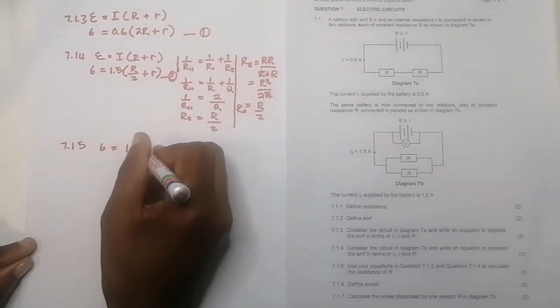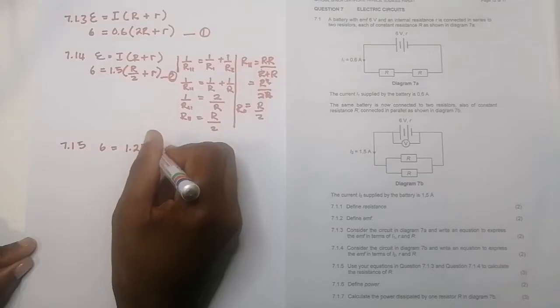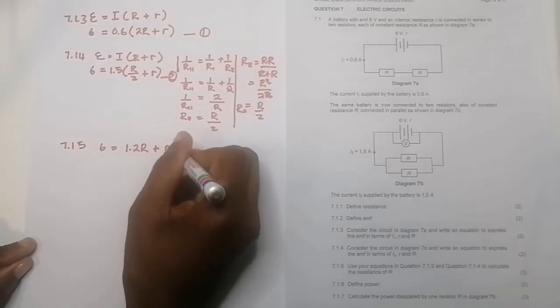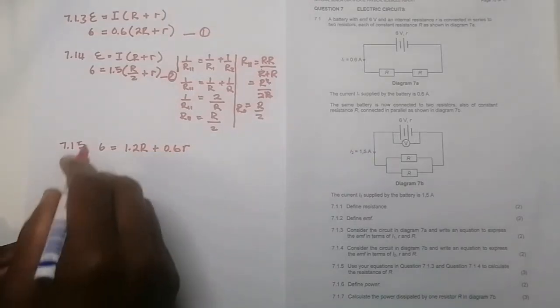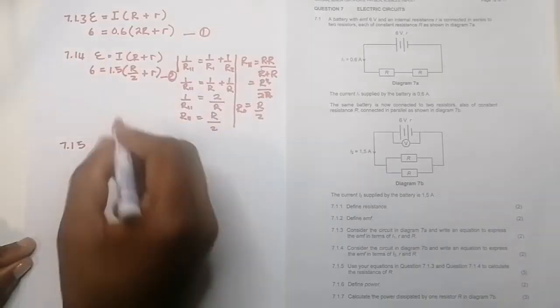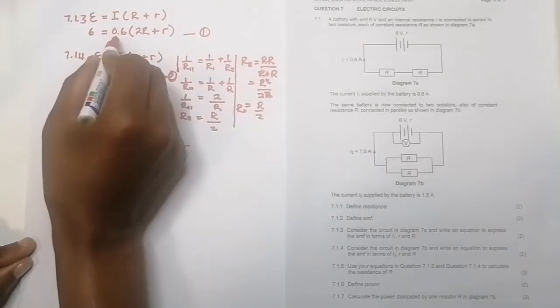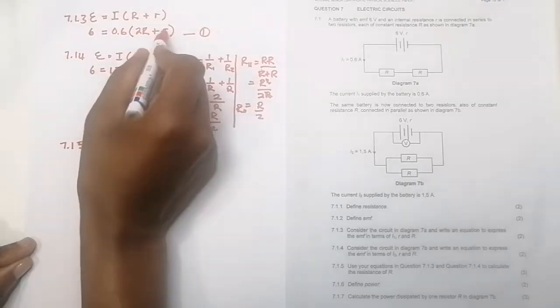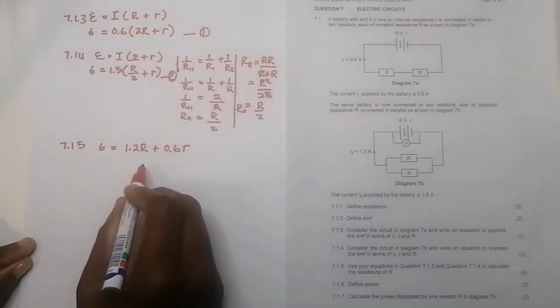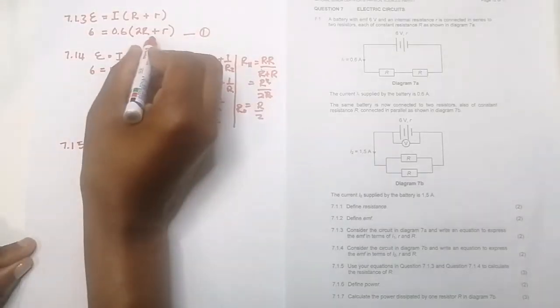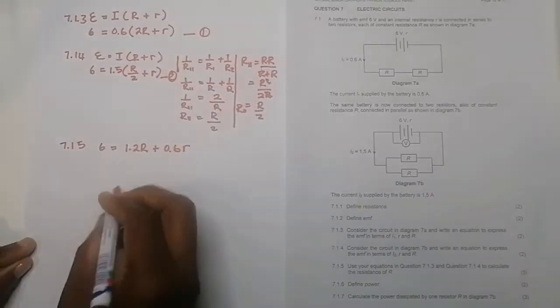That's going to be 1.2 R, plus 0.6 r. Yeah, so if I try to solve, in fact, you know what, I think I've just made it more complex for myself. What we could have done is just to simply eliminate R there and make it the subject of the formula. Okay, let me do that. So I can divide by 0.6.